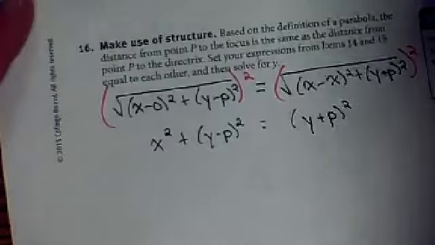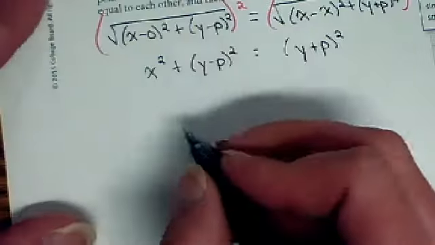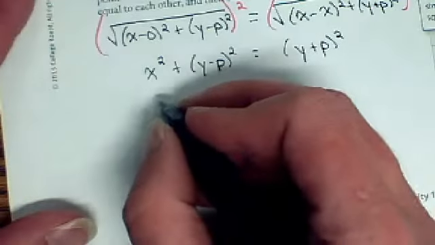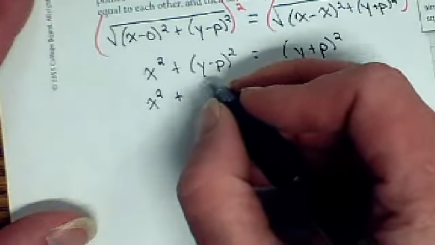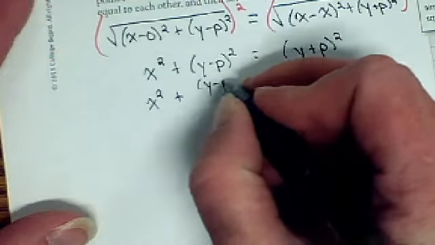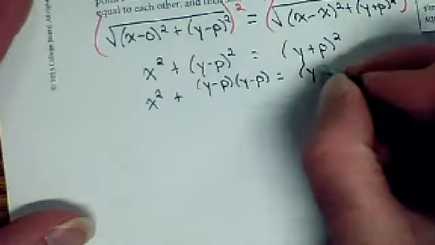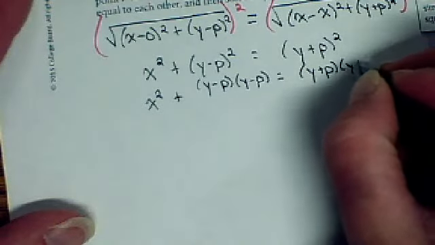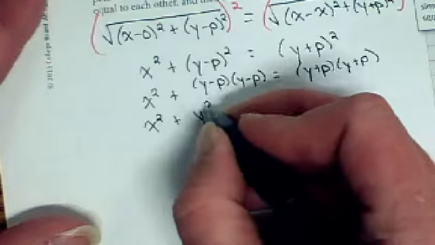So let's simplify everything so we can solve for y. x squared plus, now remember, this is really y minus p times y minus p. And over here, that's y plus p times y plus p. When you square something, you multiply it by itself. So y times y is y squared.